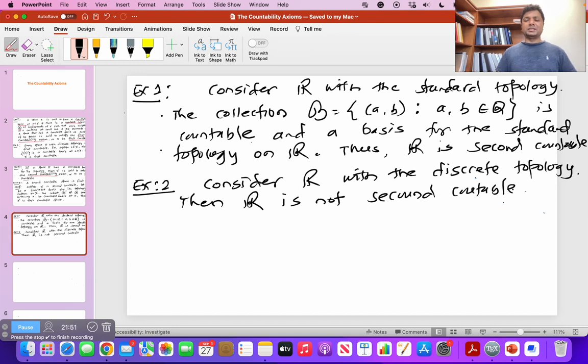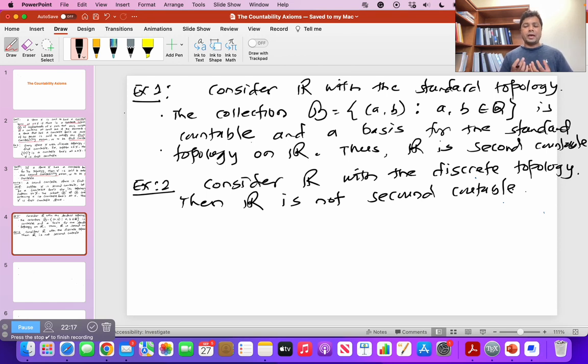If it is not second countable, that means every basis of R for the discrete topology is going to be uncountable. If R has at least one basis for the discrete topology which is countable, then R is said to be second countable. But here we are saying R is not second countable.